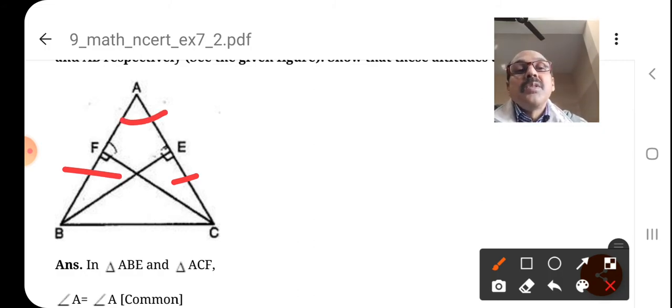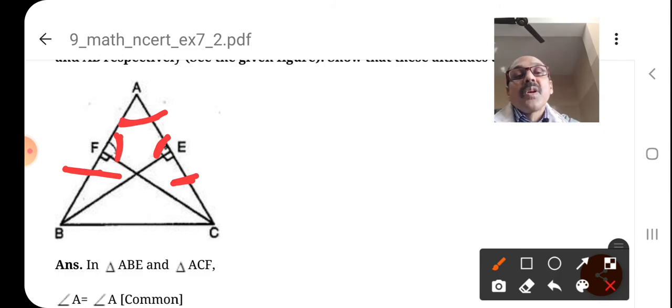This angle is common, and this is 90 and this is 90. These are the three conditions. Okay. So one condition is A is common and these two angles are 90 degrees. It is given. And third condition is, it is also given, these two sides are equal.